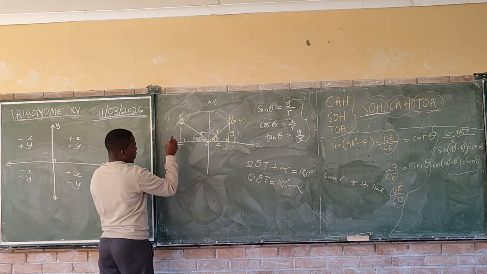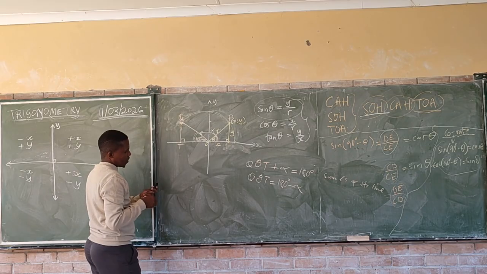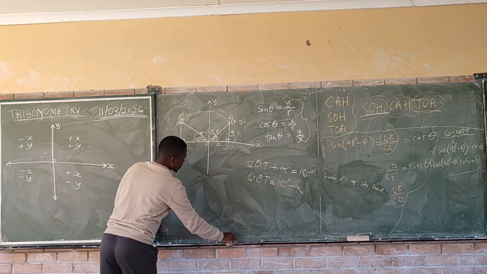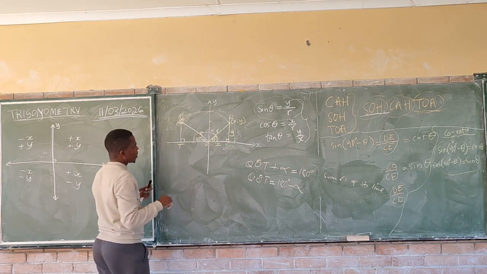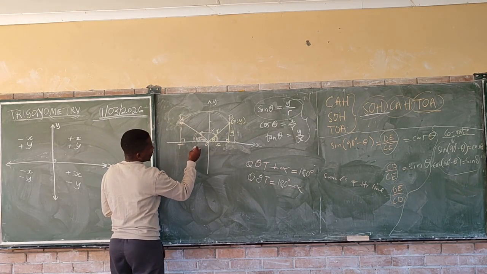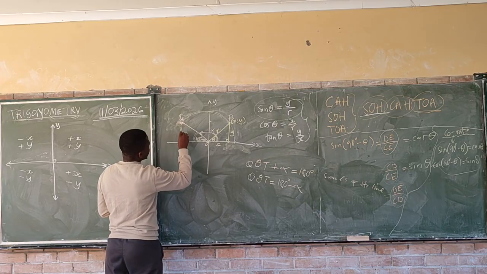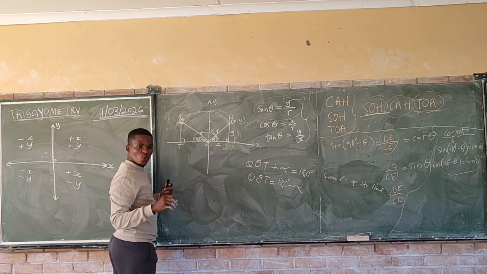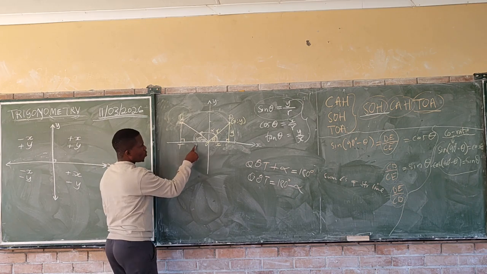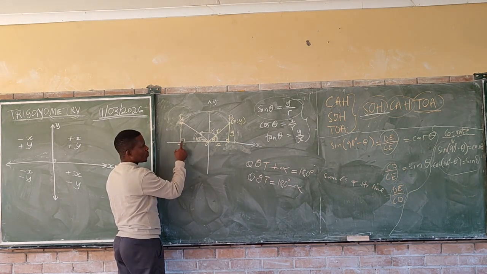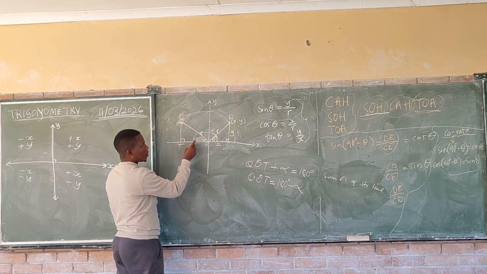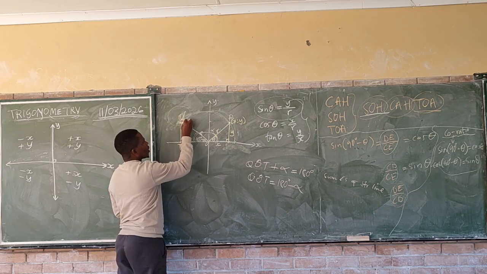Okay. Now, if we have our acute angle, let's go and write our sine. According to our Cartesian plane, what will be x from here to here? We can write the coordinates here.